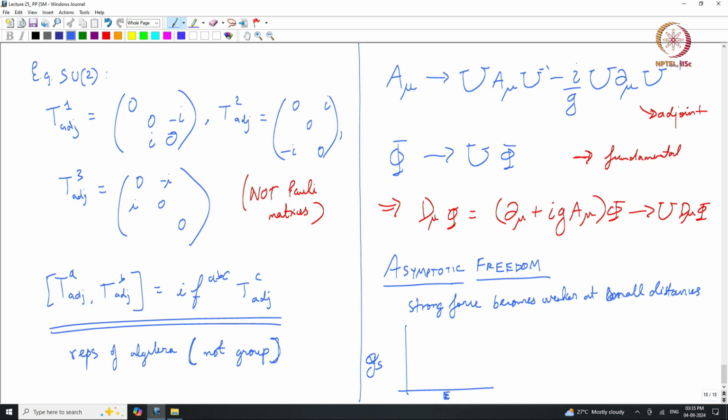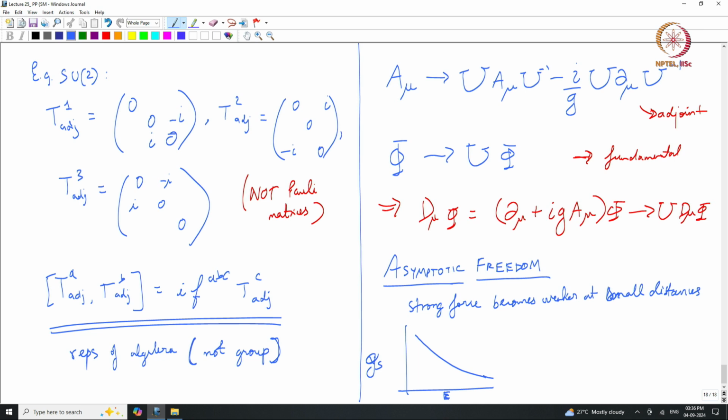If I go to lower energies, it means I am talking about larger distances, right? So the strong force goes like this. This is what we mean by asymptotic freedom. If you go to the highest energies, then it becomes feeble enough that the quarks become free in a very unusual way.